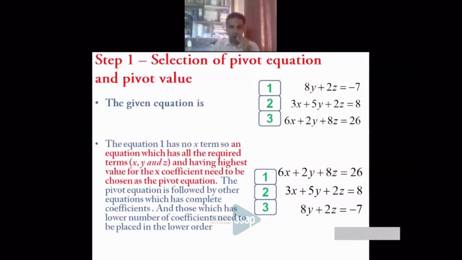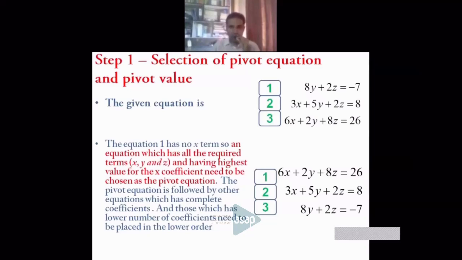Okay, so with that, we look at these three equations now. Equation number 1, as I told earlier, is 8y plus 2z equals -7. Equation 2 is 3x plus 5y plus 2z equals 8. And equation 3 is 6x plus 2y plus 8z equals 26.